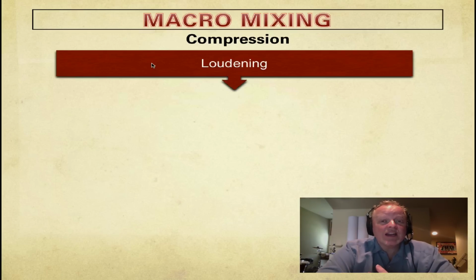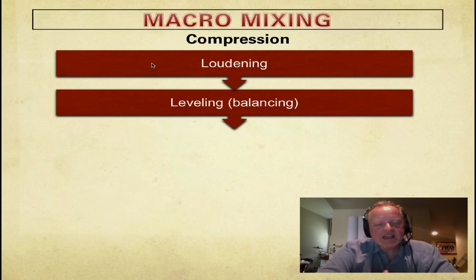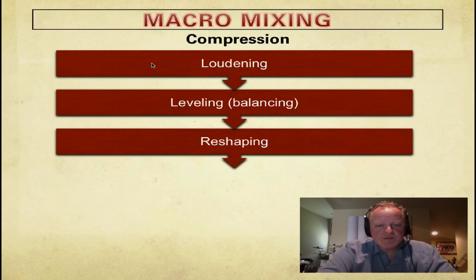Therefore, you are loudening the sound by limiting its dynamic range. Which is kind of the same thing as leveling, because what compression does, if properly set, is reduce your peaks and your dynamic range and therefore level out the overall level.